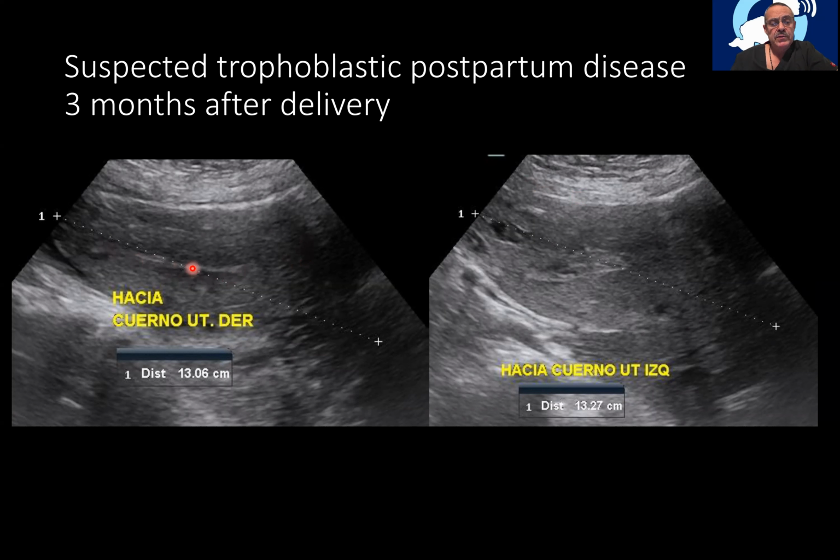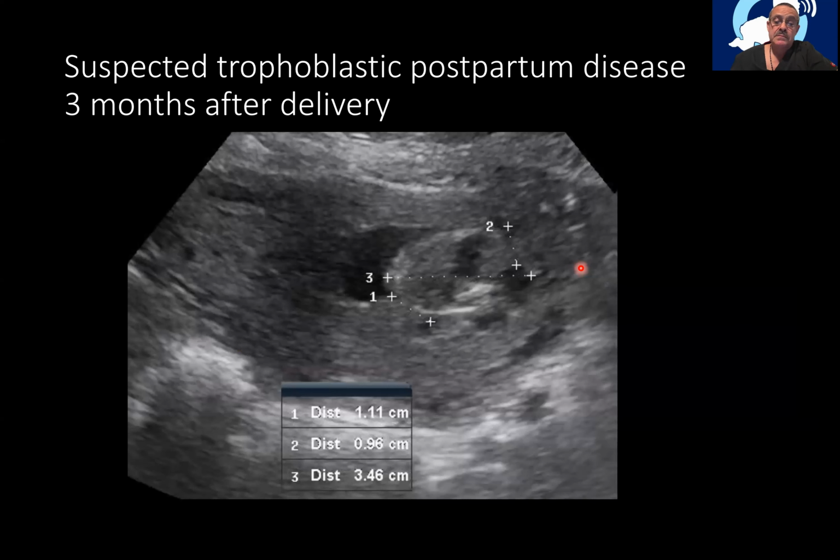On the long view of the right horn of the uterus, on the right side, we see endometrial lining. On the right side, we see this. This is complex, and we have an abnormal area here, which on the transverse view looks like this, with a small collection inside.